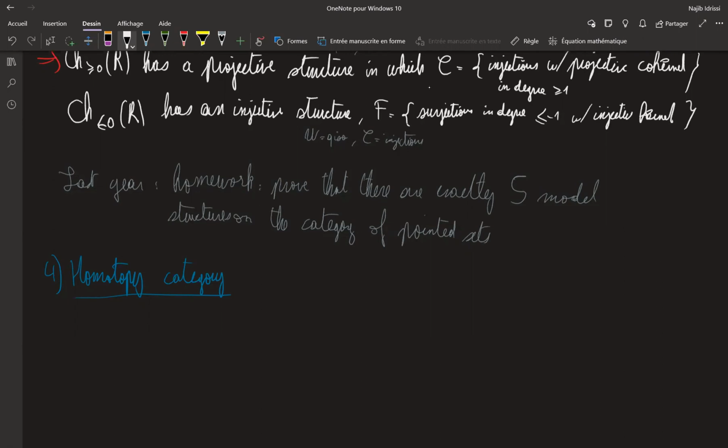class of morphisms. So let C be a category, and W a class of morphisms.